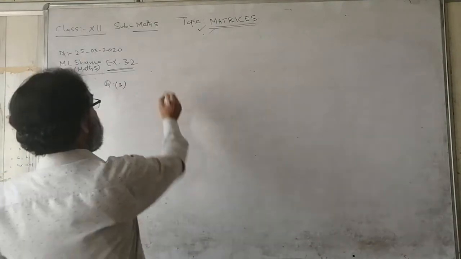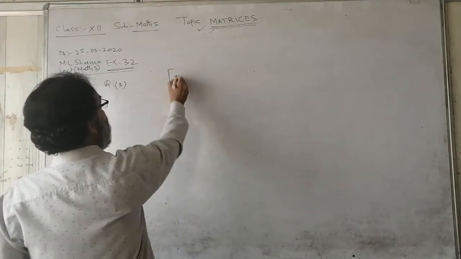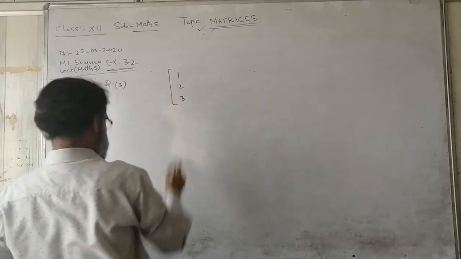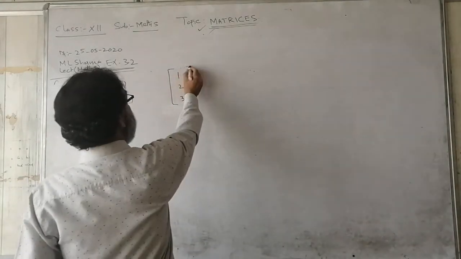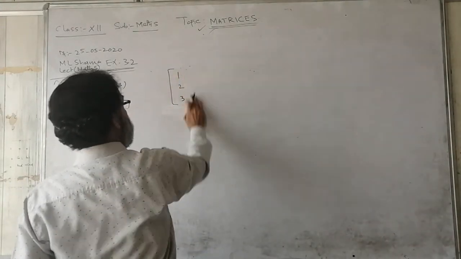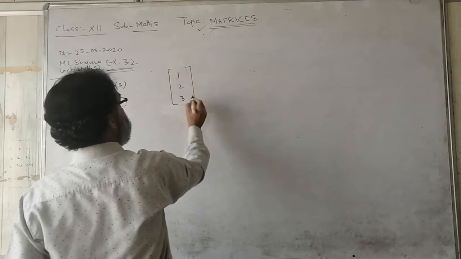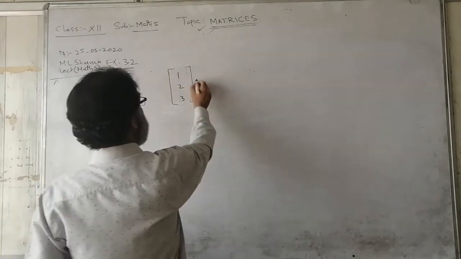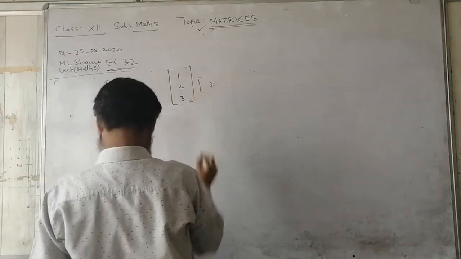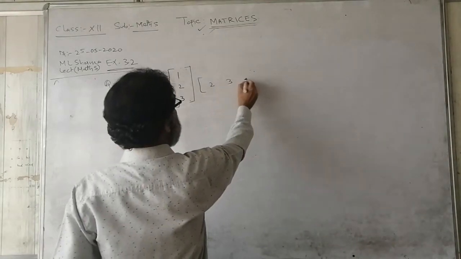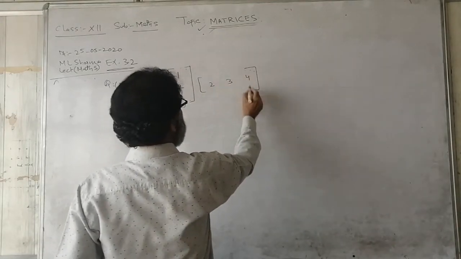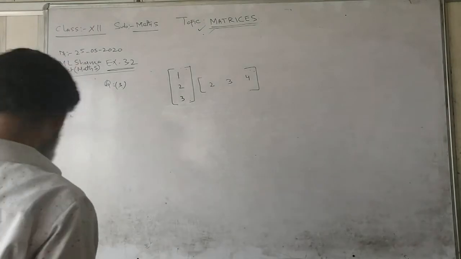It is 1, 2, 3. This is one of the matrices. Now another matrix is 2, 3, 4. So this is a typical question.